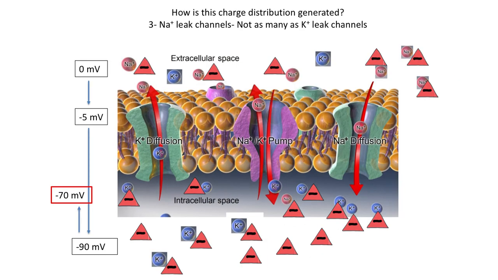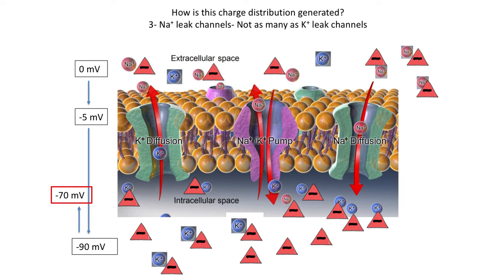The third major factor is the sodium leak channels, which are basically the same kind of channels that allow sodium to leak into the cell following its concentration gradient. But we'll come back to this later. So let's again go around and see what happens.